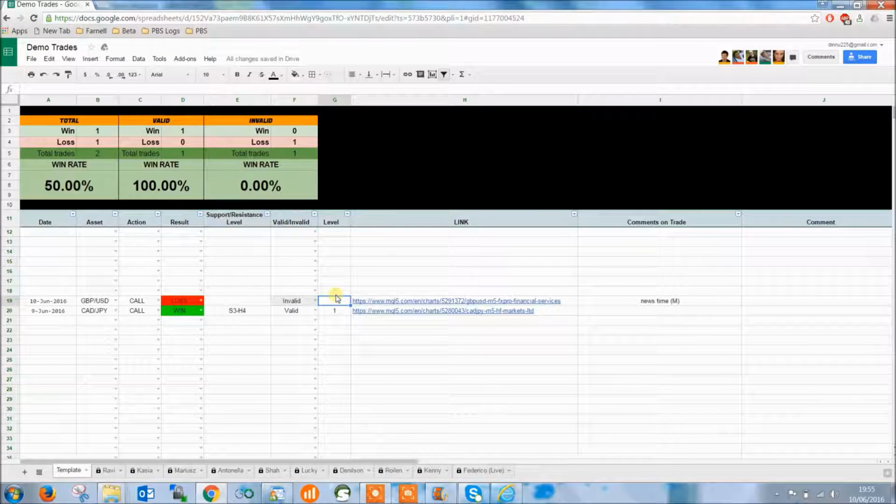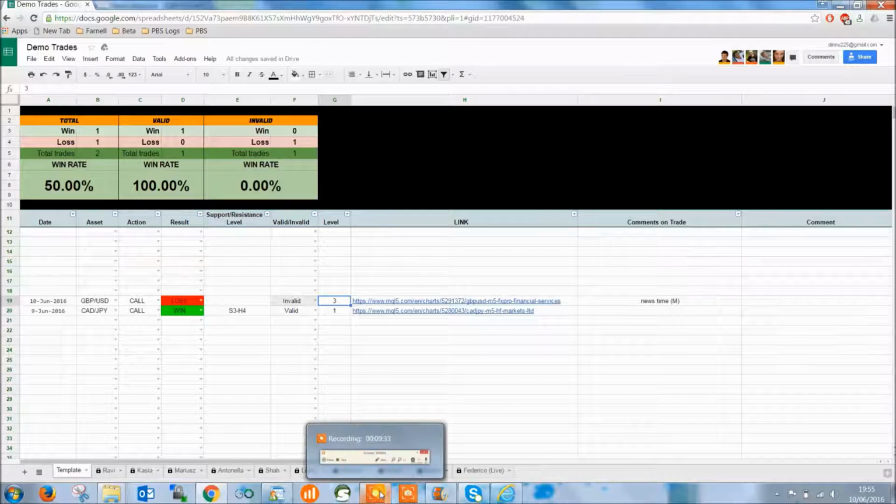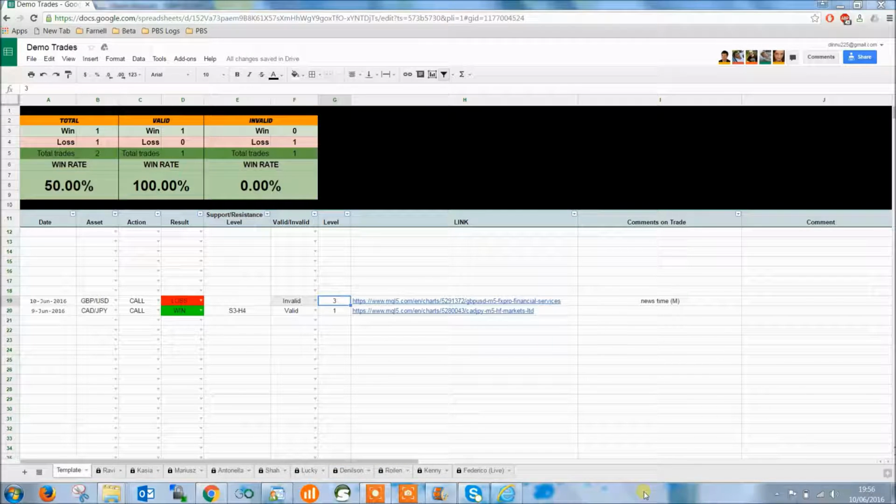So this is the level of martingale, just to make sure we don't use martingale in the price signal strategy, but only to let the users understand why we don't use martingale by themselves. We ask them to mark it in the level, and you'll know why we didn't promote martingale in our strategy.